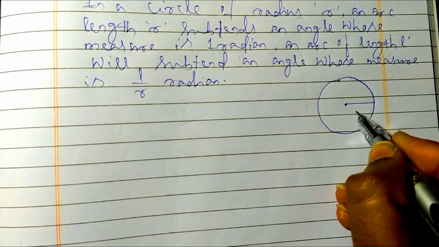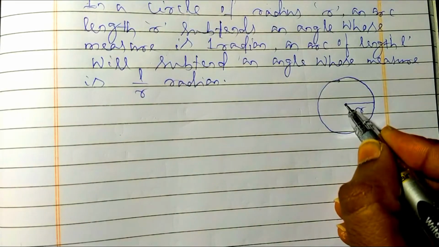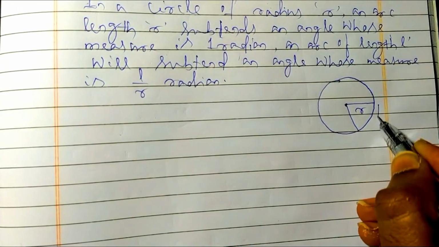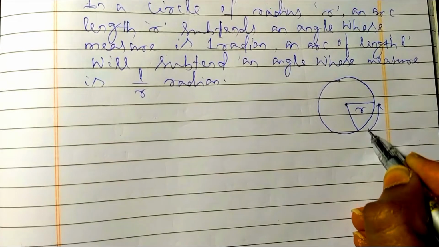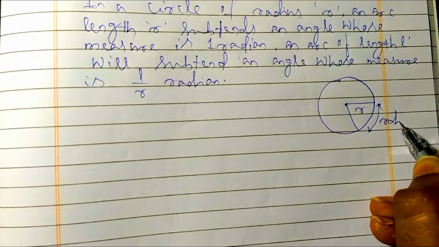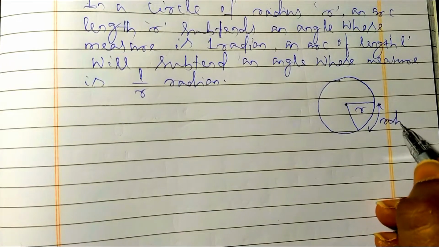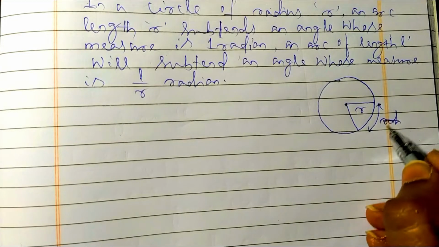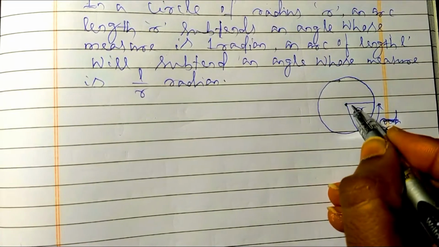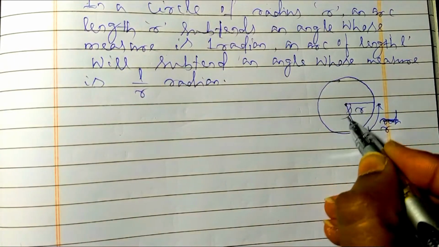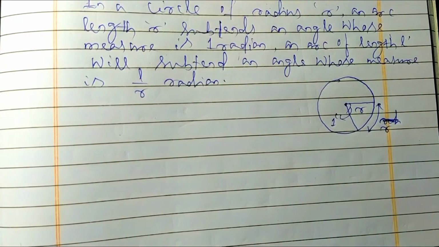The radius of the circle is r. If the length of an arc is r, then this is 1 radian.